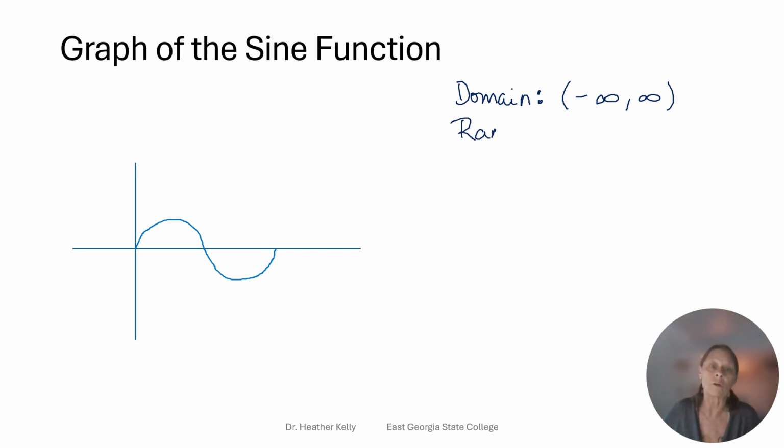What goes along with domain is range, and the range of the sine function is between -1 and 1. Again, it doesn't have to be perfect, but this would be 1, and this would be -1.